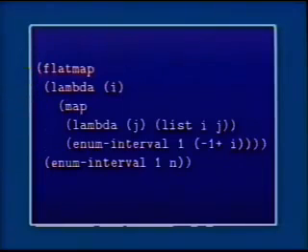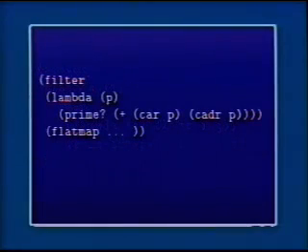So that builds that. Now we've got to test them. Well, we take that thing we just built, the flat map, and we filter it. We had an i and a j: i was the first thing in the list, j was the second thing in the list. So we have a predicate which says, in that list of two elements, is the sum of the car and the cadr prime, and we filter that collection of pairs we just built.